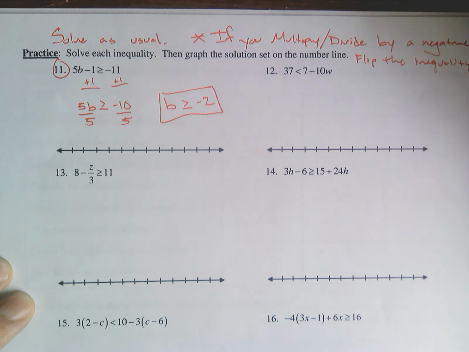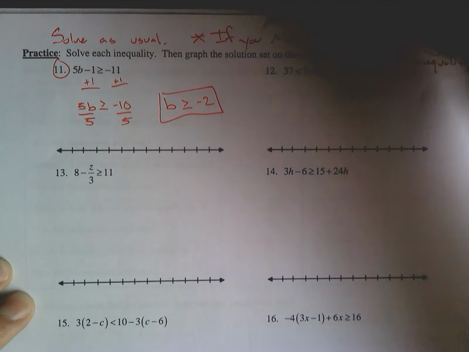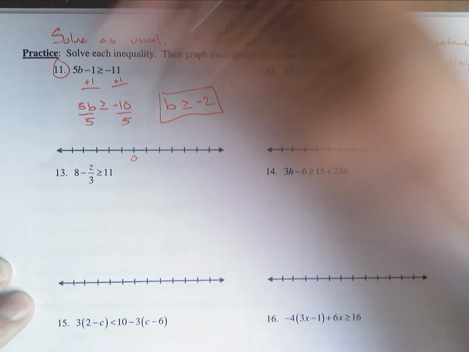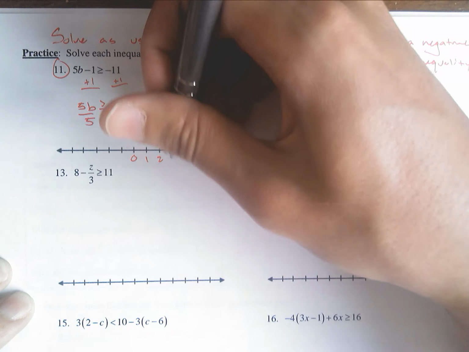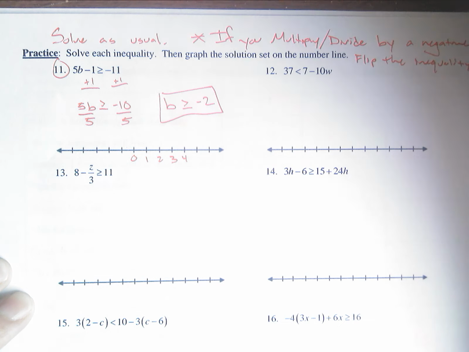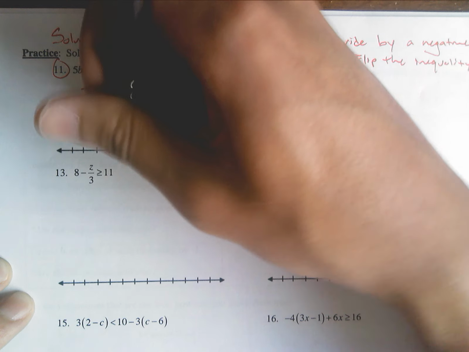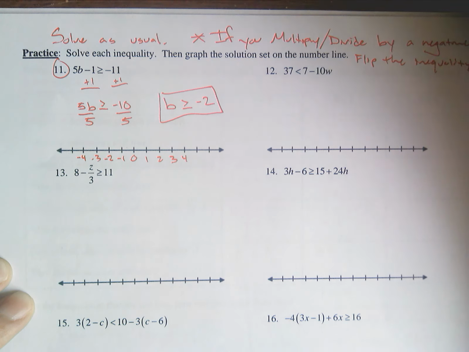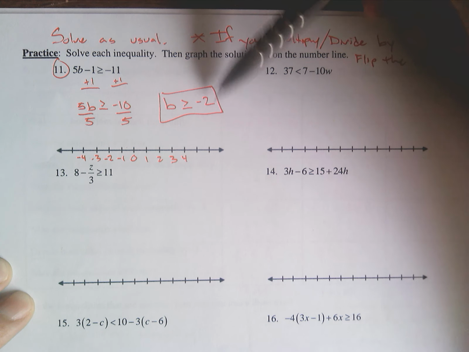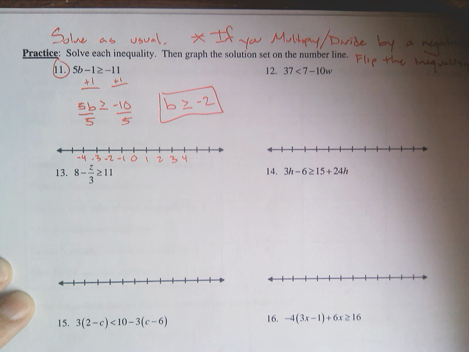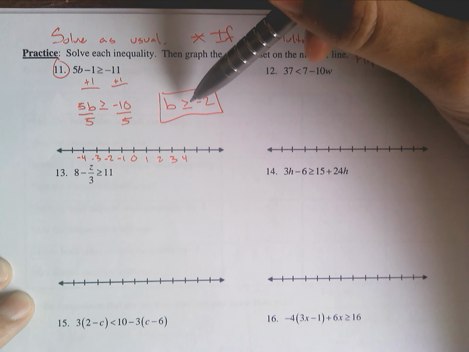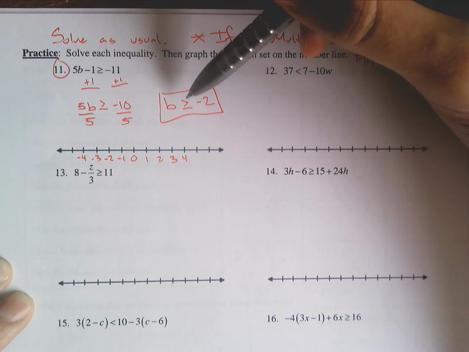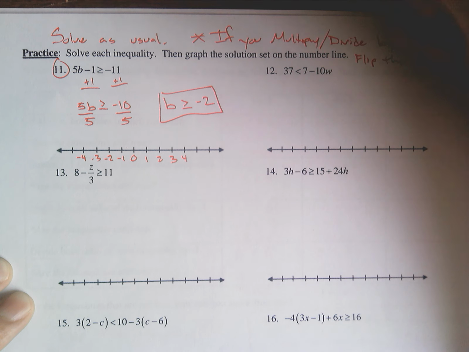So in order to graph this on a number line, we first have to label our number line. I like to start with 0 and then just count out a few units in each direction. So 0, 1, 2, 3, 4, negative 1, negative 2, negative 3, negative 4. Our solution is always going to be whatever b is related to. So in this case, negative 2. Now, whenever it's greater than or equal to, or less than or equal to, if we got that or equal to, we're going to have a filled in circle.